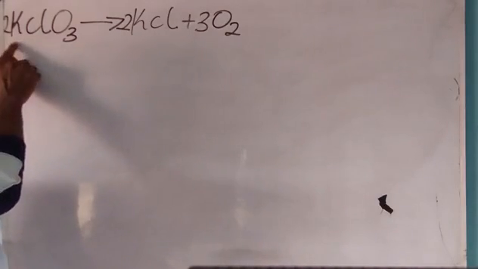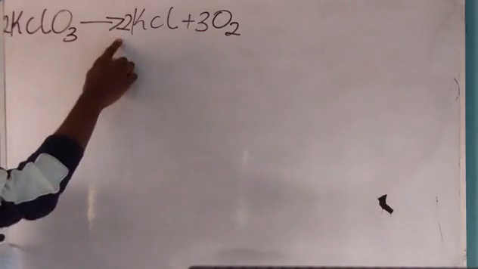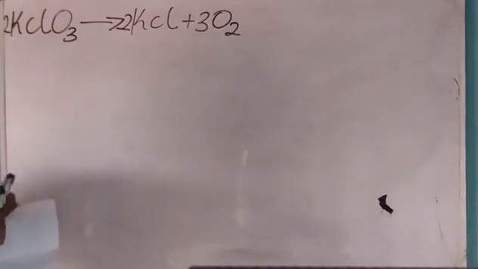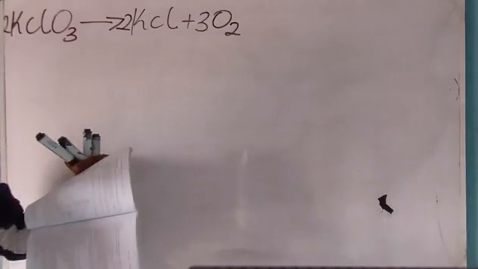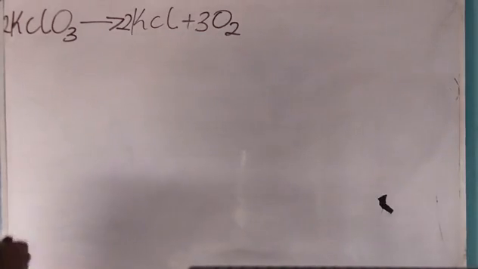How many moles of potassium chlorate do you have here? 2, right? This is 2, and this is 3. How many grams of potassium chlorate must react to produce 5 moles of oxygen?